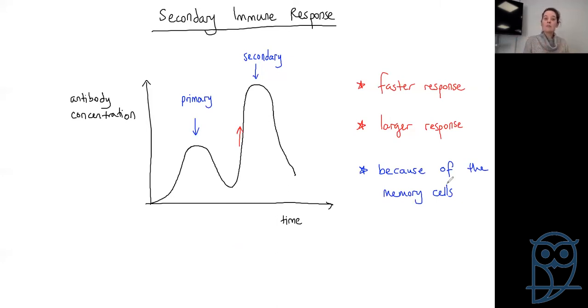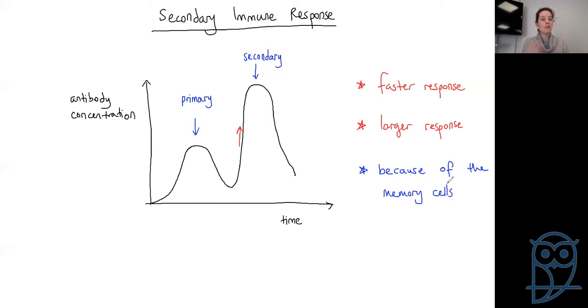Then, if they are exposed to the actual nasty pathogen that would make them very sick, we've got a secondary immune response, and we're fighting off that pathogen before we get the chance to be properly sick. So it's all a game of numbers when it comes to immunity, and a game of time to respond. Can we respond and kill off the pathogen quicker than the pathogen can replicate and cause a problem? And our secondary immune response goes a long way towards doing that because of those memory cells.